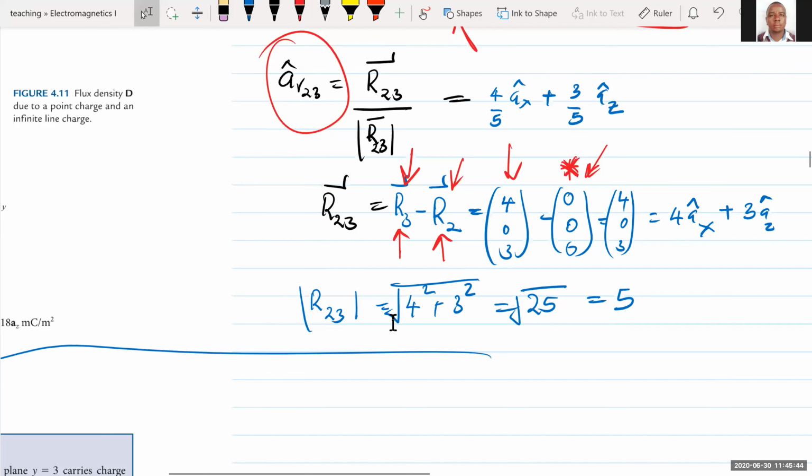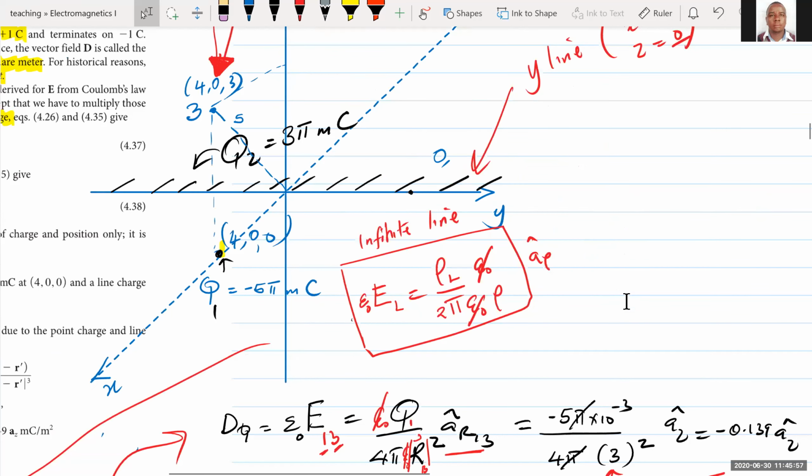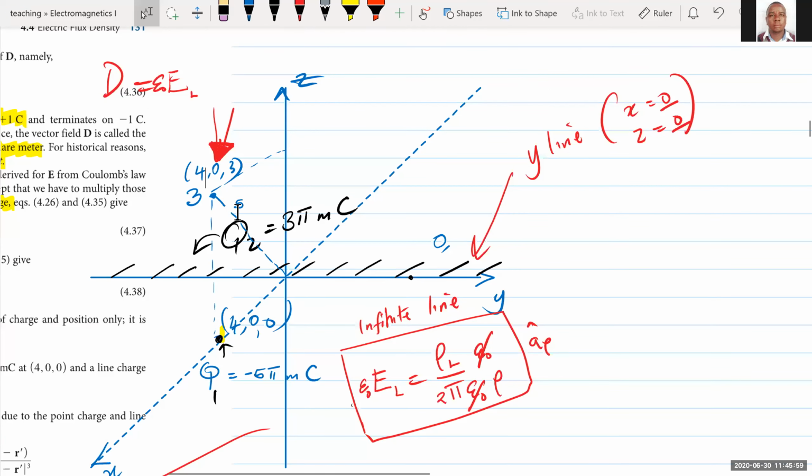R23 modulus is simply the square of each term, 4 squared plus 3 squared, square root, you get 5. That becomes straightforward. So what we are saying is that from our figure here, the length of the line perpendicular to the y-axis is simply having a length of 5. That is what we needed.